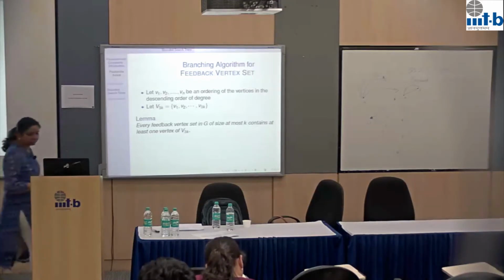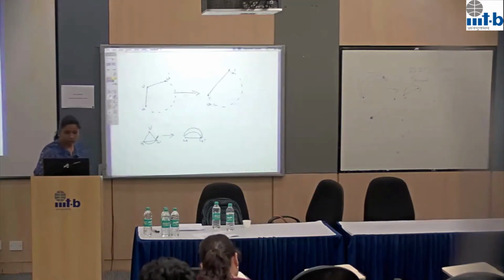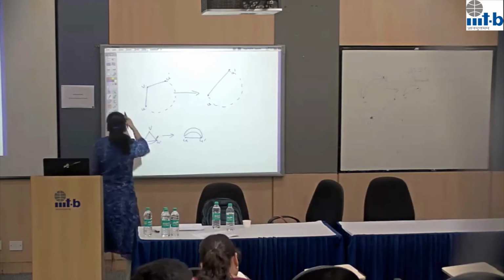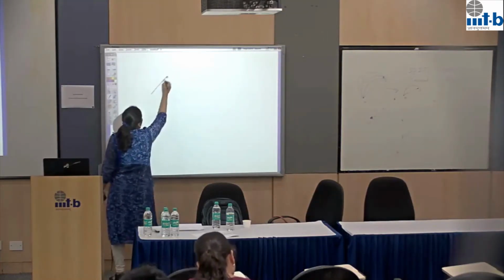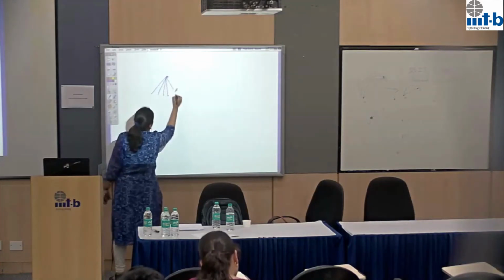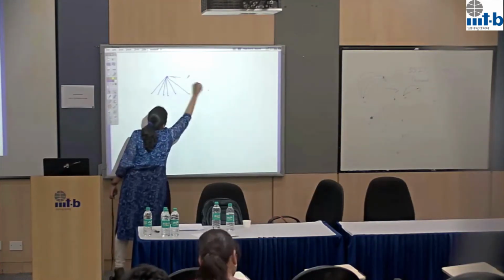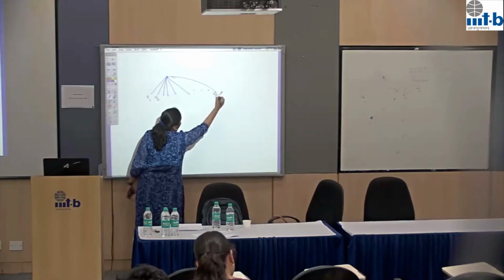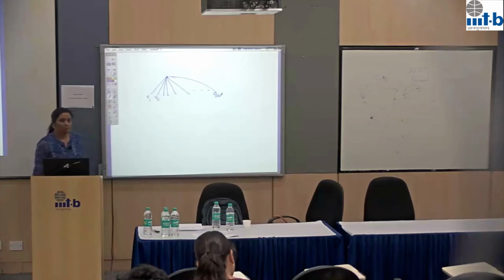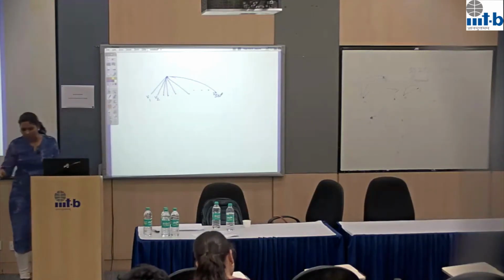Okay, so that's it. We know that one of them is in the solution. So on every branch, you will add one vertex to the solution. And what do you do when you add a vertex?